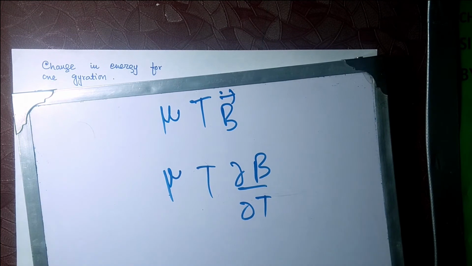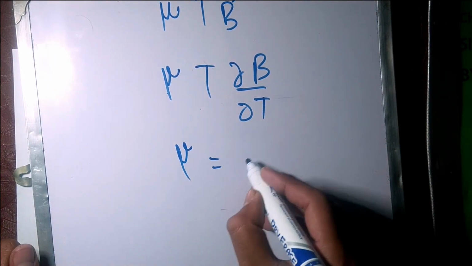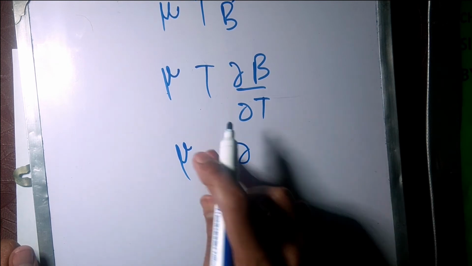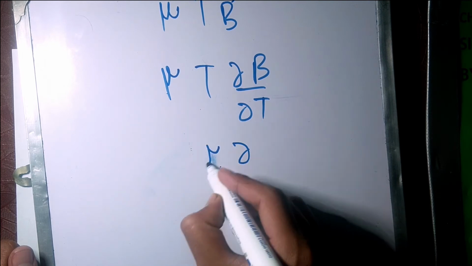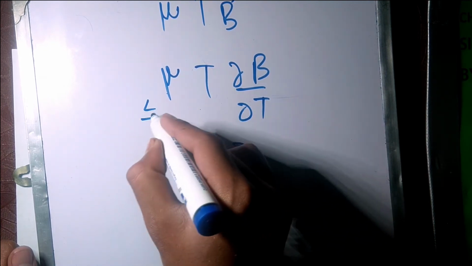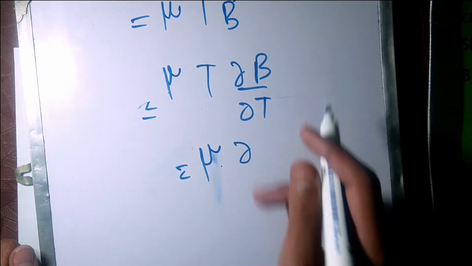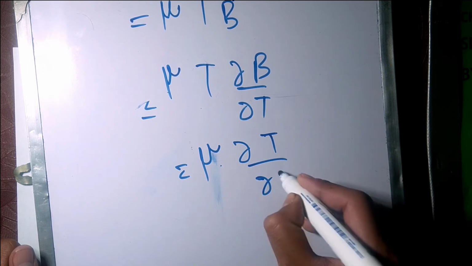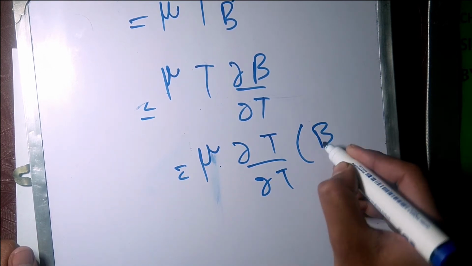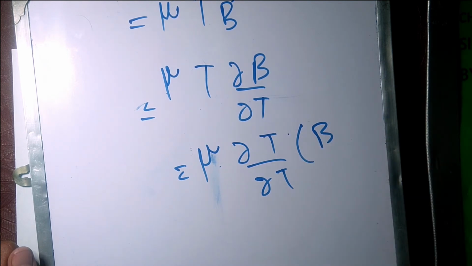If we rewrite this equation like this, we can write it as mu, partial by partial t into partial B, like this.